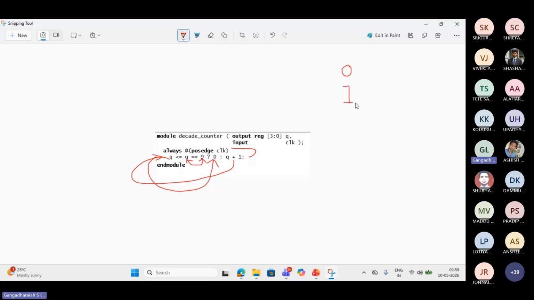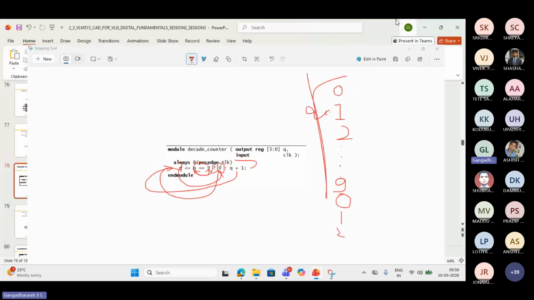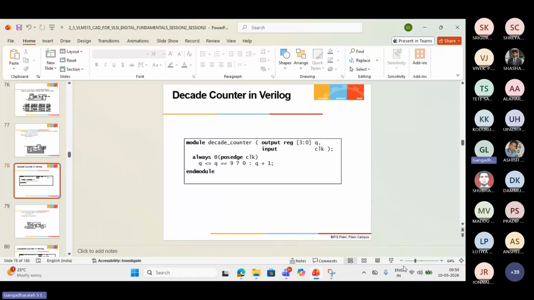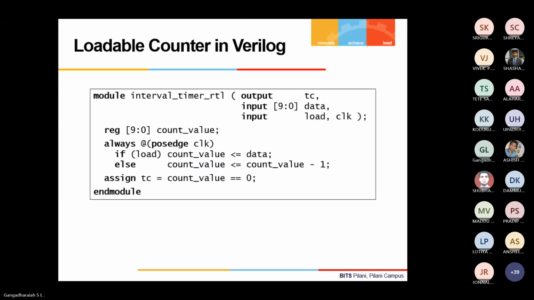Now this is my new Q. Is this Q 9? No. So Q becomes Q plus 1, it becomes 2, and so on it continues. Is this 9? Yes. Then next Q becomes 0. I don't want to increment it, so it becomes 0. It just continues like this. In many ways you can code it; this is one way.